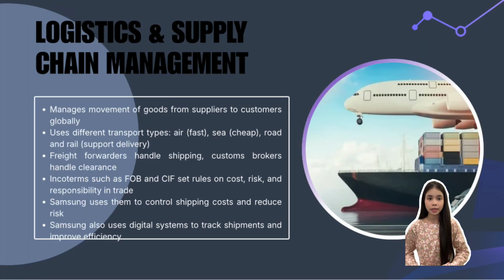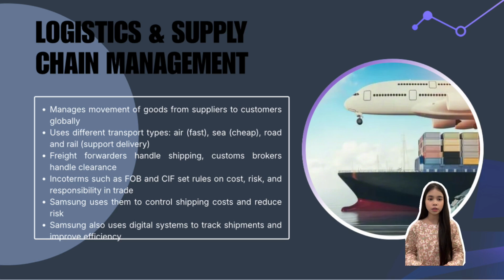Moving on to the next slide, logistics and supply chain management actually focuses on ensuring goods are moved from suppliers to customers efficiently and on time. Samsung uses different transport methods such as air, sea, rail, and road depending on the cost, speed, and the type of product being shipped. It also works with freight forwarders to manage shipping arrangements and customs brokers to handle import and export clearance.